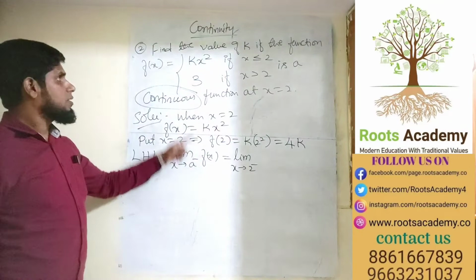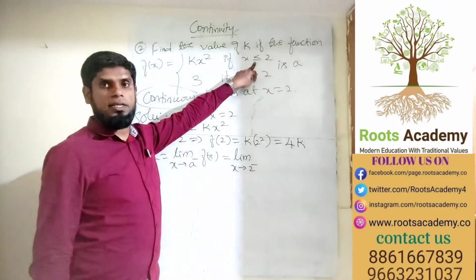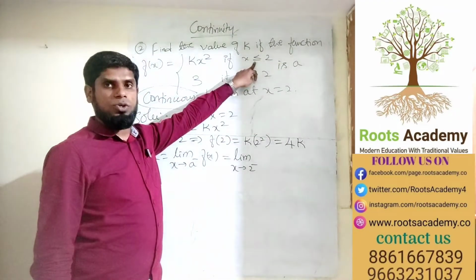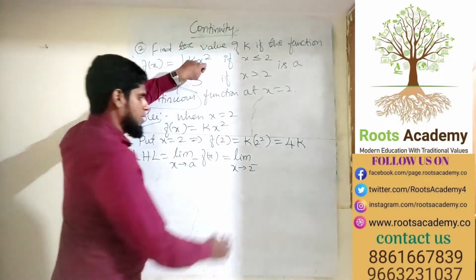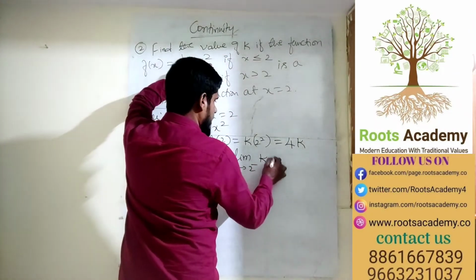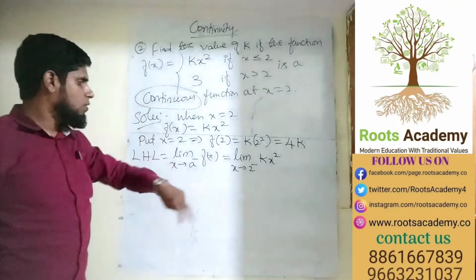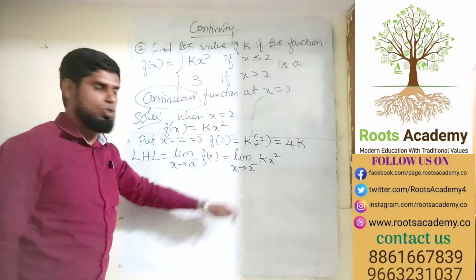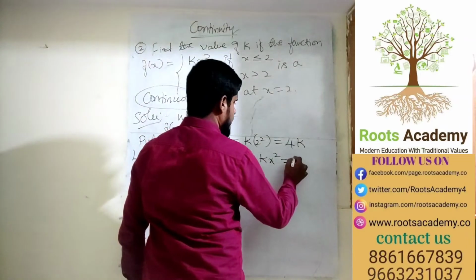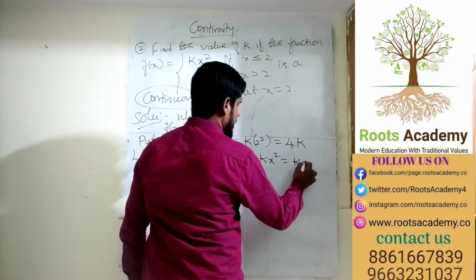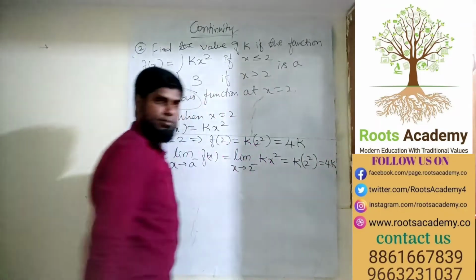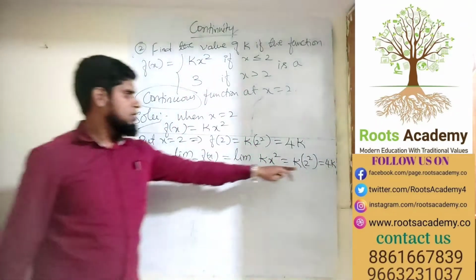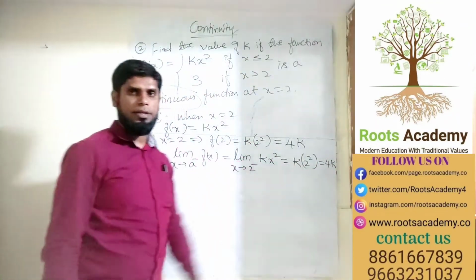For the left hand limit there is a less than sign, and so the left hand limit function is kx square. Now the value of x approaches 2, so directly we put k into 2 square. So it is 4k. So the left hand limit value is also 4k.